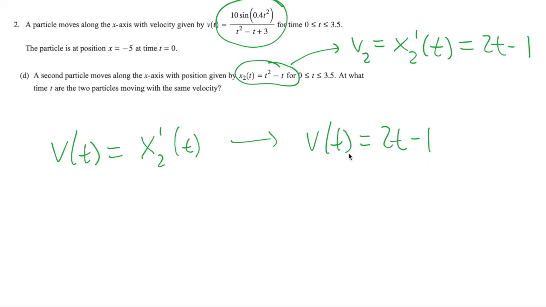You introduce the whole formula, and then you use the solver tool of your calculator. What you will get is time equals 1.571, and this is the time when the two particles will be moving with the same velocity.